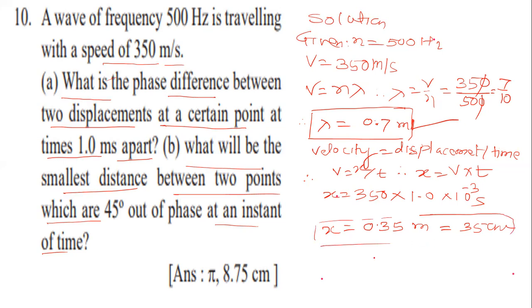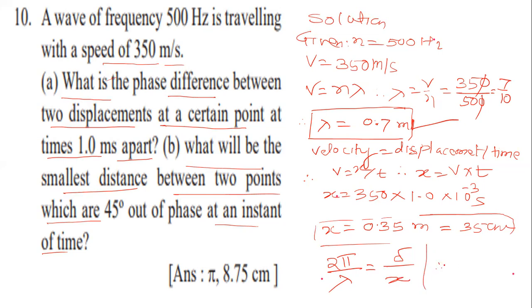Now we know that a phase difference of 2 pi corresponds to a path difference of lambda. Therefore, for a distance x, the corresponding phase difference will be delta.